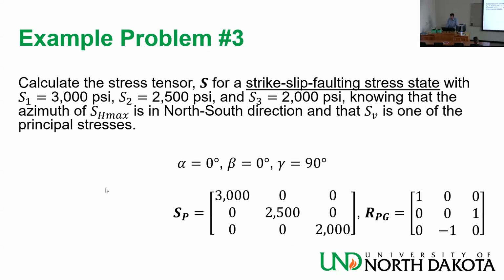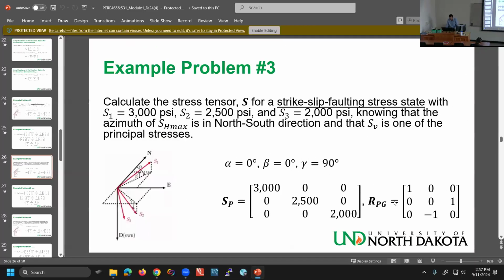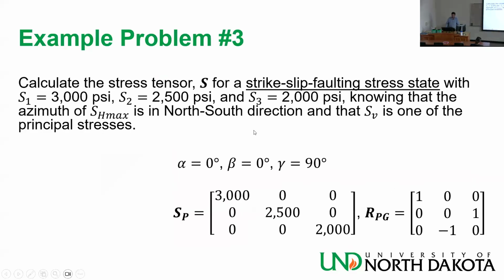Okay. Example problem number 3. I shouldn't have everything show up immediately. But anyway, calculate the stress tensor S for a strike slip faulting stress state with S1 now 3,000, S2 2,500, S3 2,000.